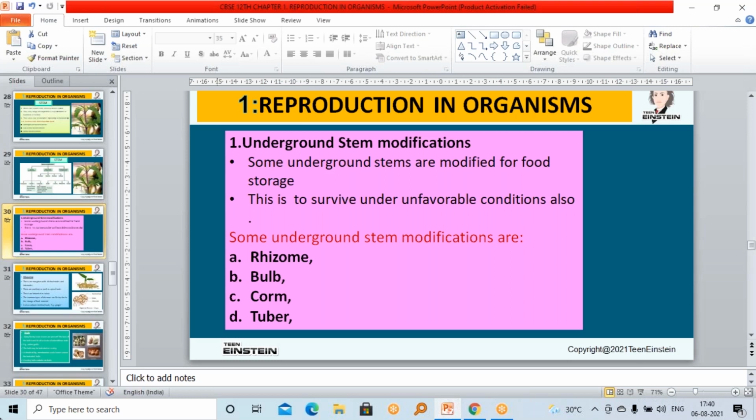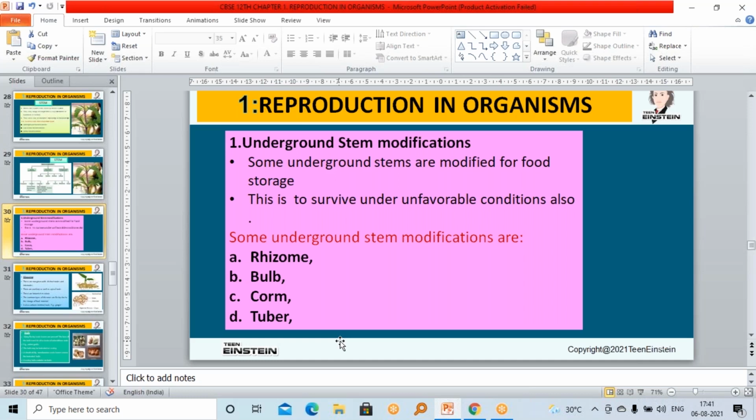All these things will be present at the nodes. So in these modified stems, or underground stems, also, they have nodes and internodes, and there will be scale leaves, buds and adventitious roots at the nodes.